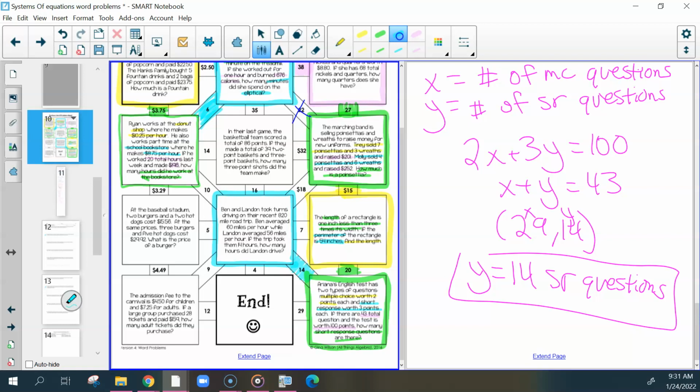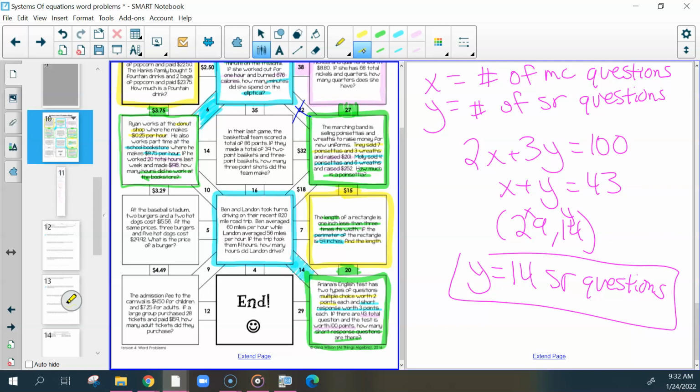Read through this one. Tell me what's important. What was important here?